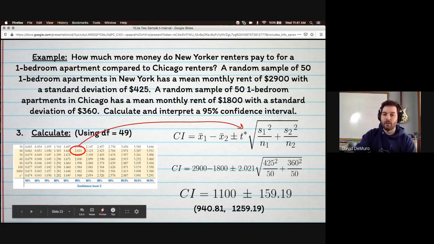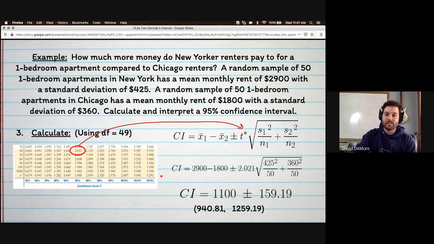Our final confidence interval, if you add or subtract that margin of error, would go from 940.81 to 1259.19. So let's go ahead and interpret that in the next step.